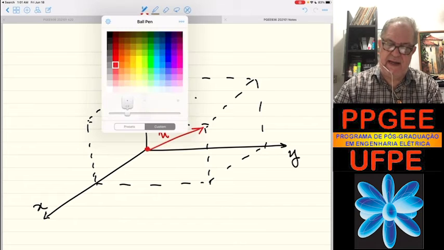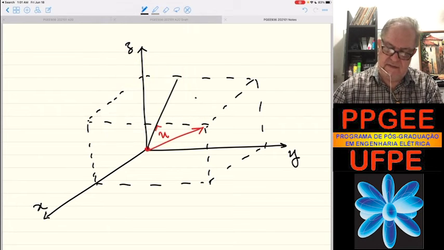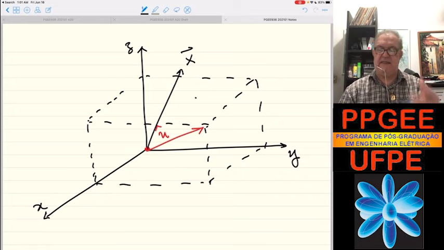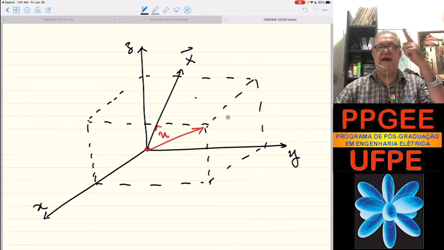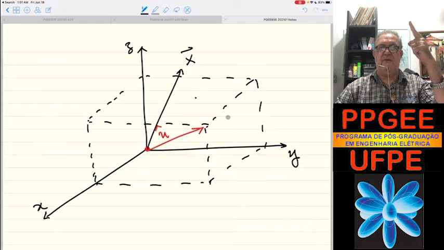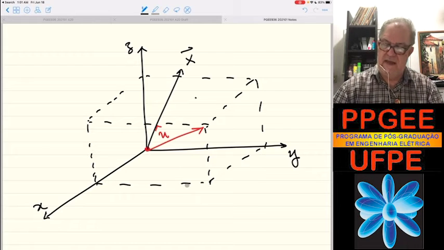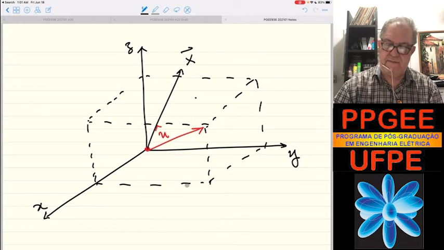So if I pick any x vector in space, the locus of points in which x projected along the u direction is constant is a plane that's orthogonal to u. Any vector that has a tip that ends on a plane orthogonal to u has a projection along u which is constant. So I'm going to make this plane, okay?